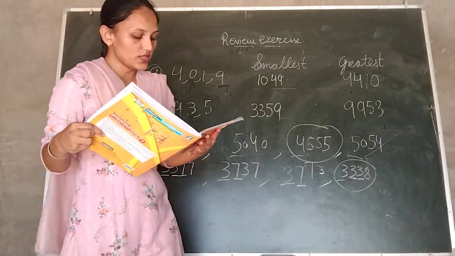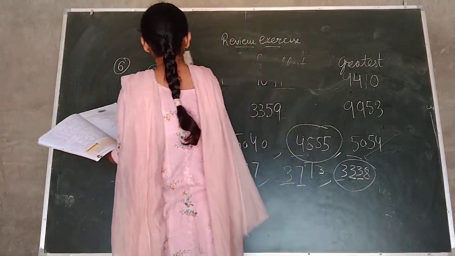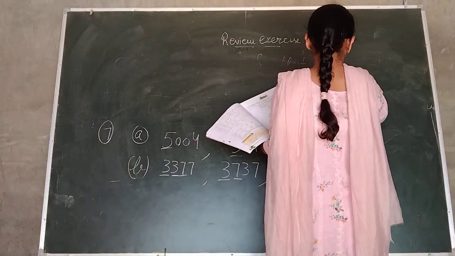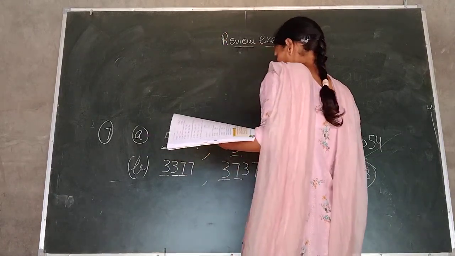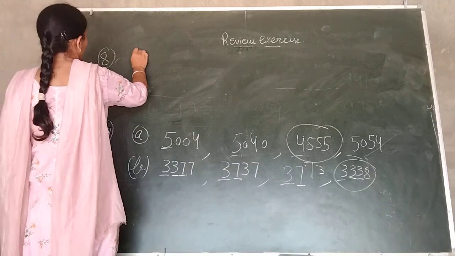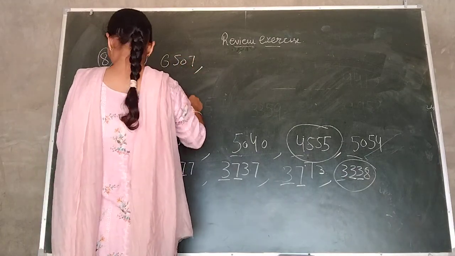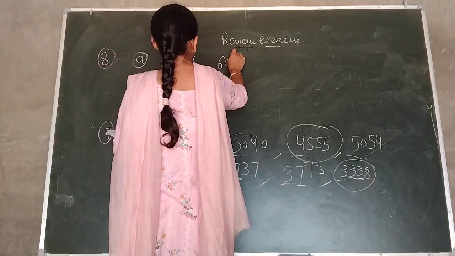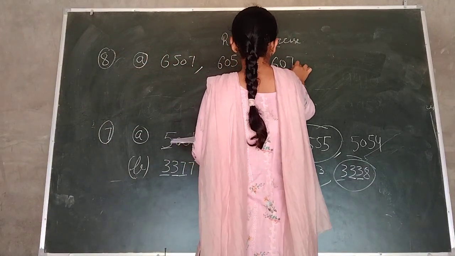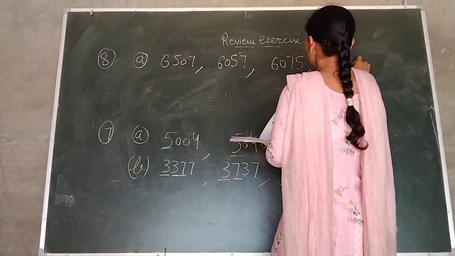Next, 8th question. Encircle the greatest number. Now we have to encircle the greatest number. A part, 6507, 6057, next 6075, next 6570.